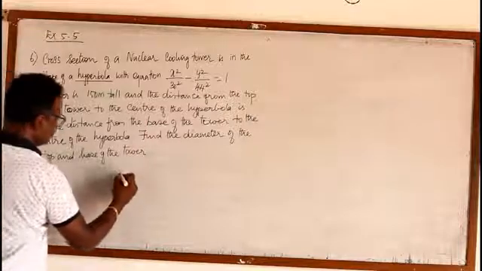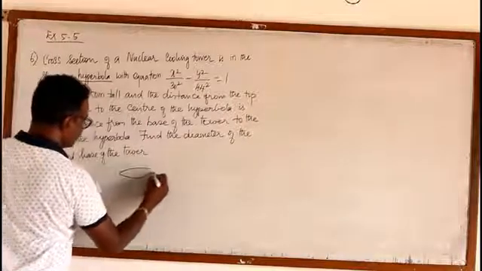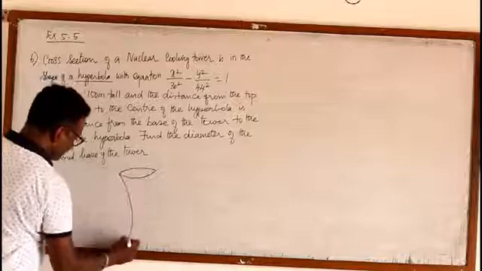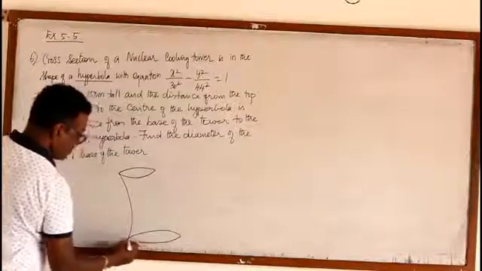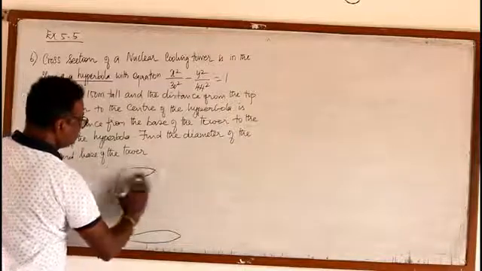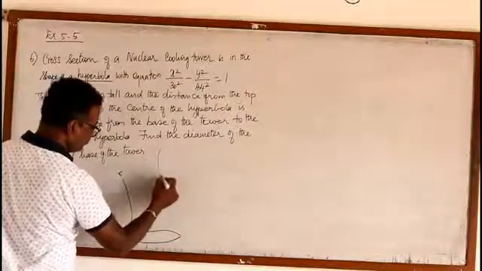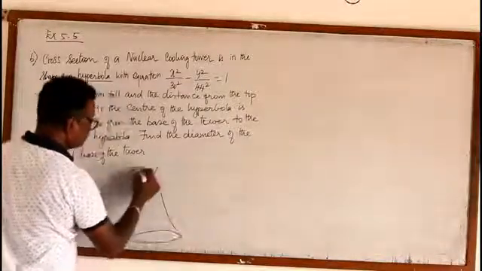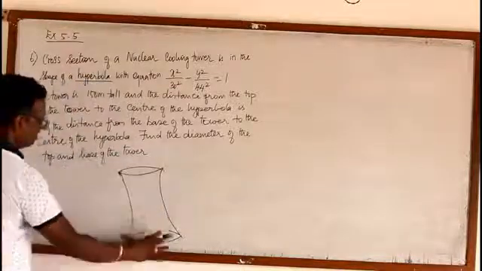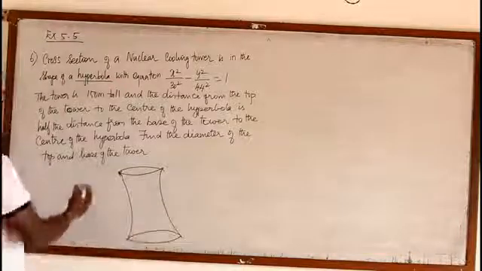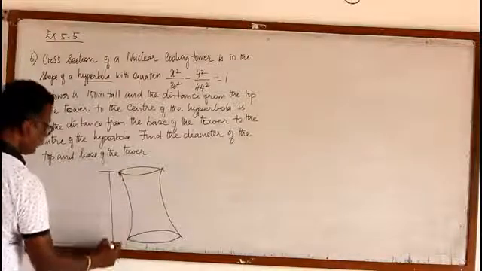So shall I say like this? This is the tower. They gave it in the diagram in the book itself. So the top will be somewhat shorter and the bottom will be somewhat larger. The tower height is 150 meter.